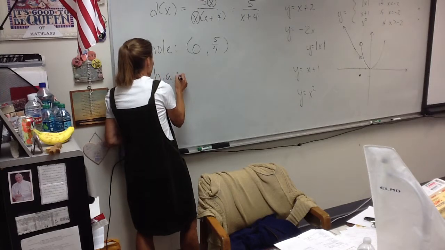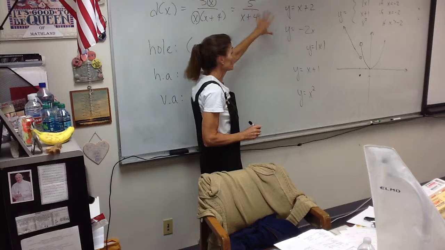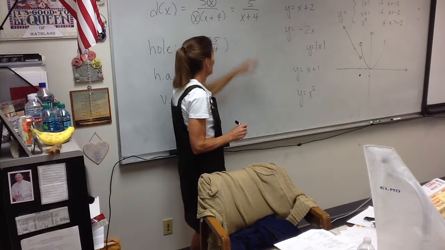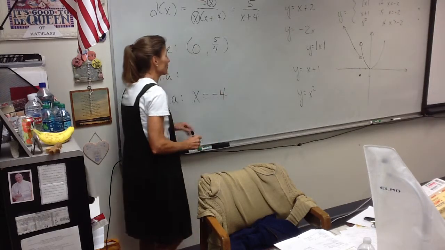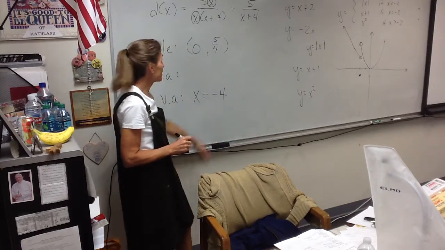Now, my horizontal asymptote and vertical asymptote, I can just look at what I have left. Is there anything that makes the denominator 0? -4. So I have a vertical asymptote at x equals -4. X can't be -4.